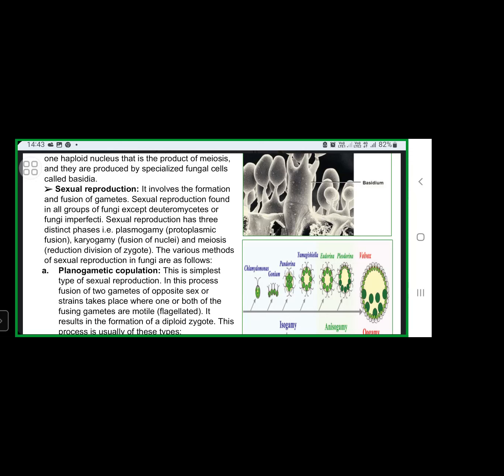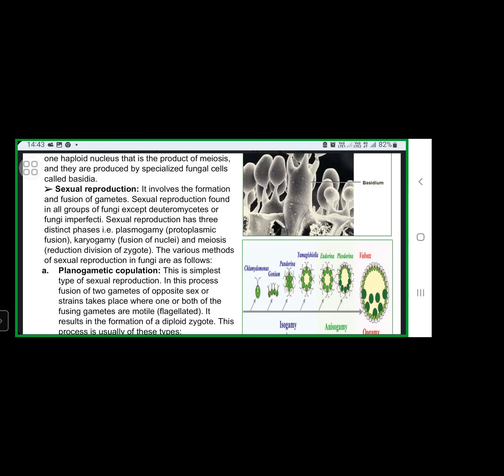In sexual reproduction, you will see different phases. One is plasmogamy, another is karyogamy, and the third is meiosis. These are the three important phases you will find in sexual reproduction.